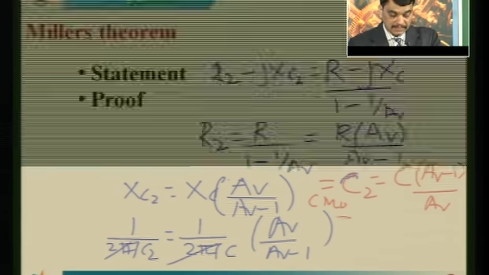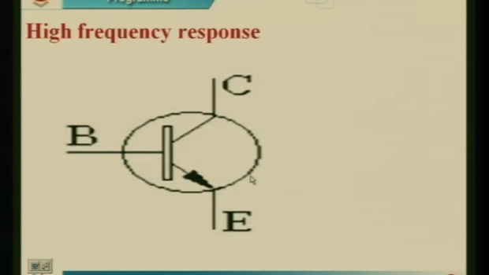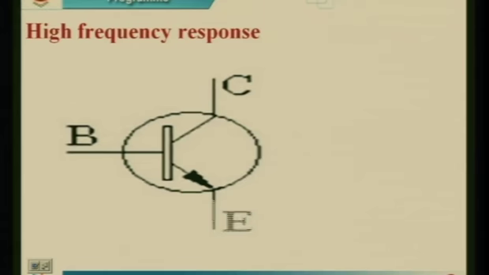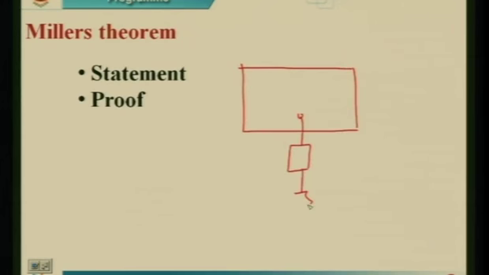Next, let us consider the dual of the theorem. In the dual theorem, in any n-input network, an impedance is connected between two nodes, and the input current is applied to node 1 and node 2.